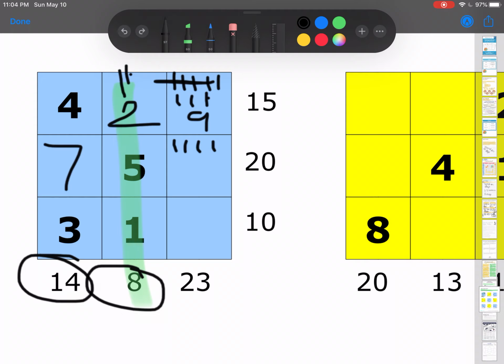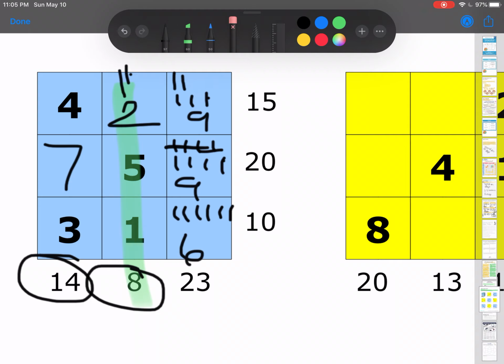So I'm sorry, that's 7, 8, 9, 10, 11, 12, 13, 14, 15, 16, 17, 18, 19, 20. 3 plus 1, that's 4. 5, 6, 7, 8, 9, 10. That's 6. One of these is wrong.